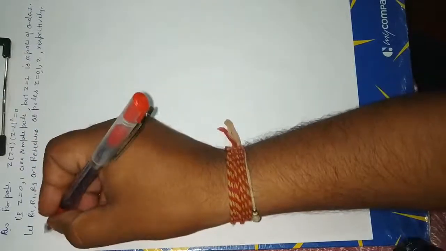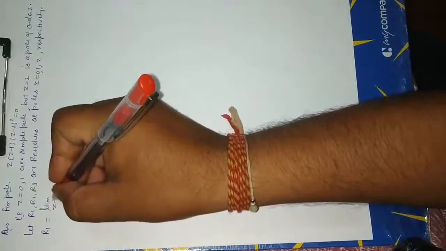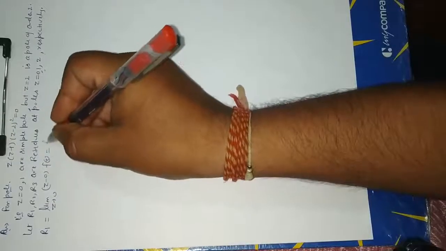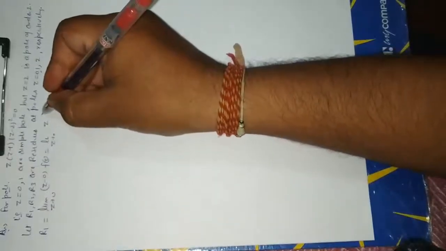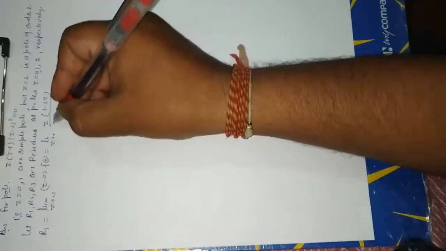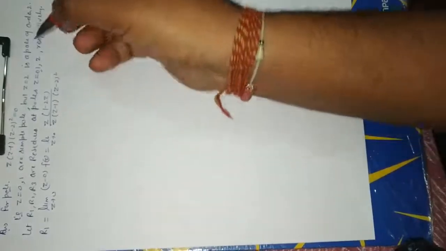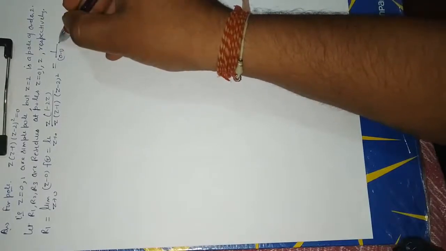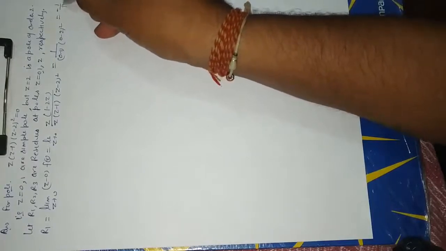Now we can calculate the value of R1. This is equal to limit z tending to 0 of (z minus 0) into the function, that is limit z tending to 0 of z times 1 minus 2z upon z into (z minus 1) into (z minus 2) whole square. This is equal to 1 upon (0 minus 1) into (0 minus 2) whole square. This is equal to minus 1 upon 4, answer.